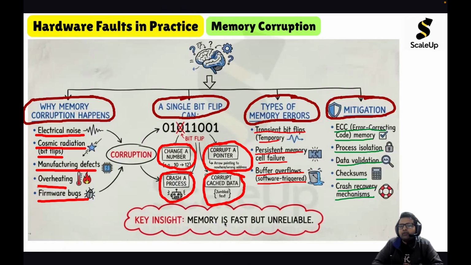We make use of memory because it's very fast compared to a hard disk. But memory is unreliable because of bit flips, manufacturing defects, overheating, firmware bugs, and overflows, which are common scenarios. So memory is fast but unreliable. We have to keep that in mind as system designers.